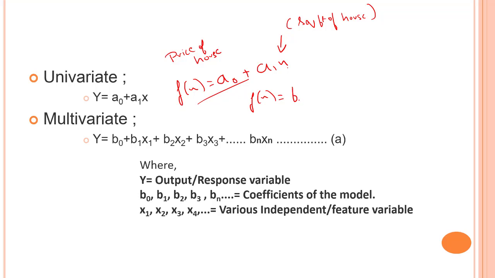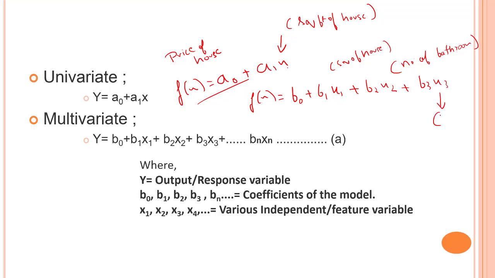So we are just taking the notation of b0, plus b1 x1, where x1 might be again square feet of house, plus b2 x2, where x2 might be number of bathrooms, and then b3 x3, where x3 might be one more feature or one more predictor that will help us predict the price of house, number of kitchens. And this is the price of house.